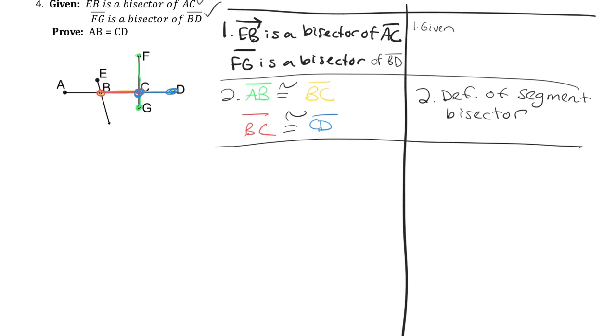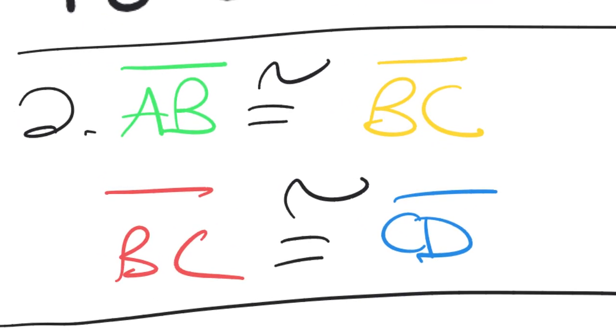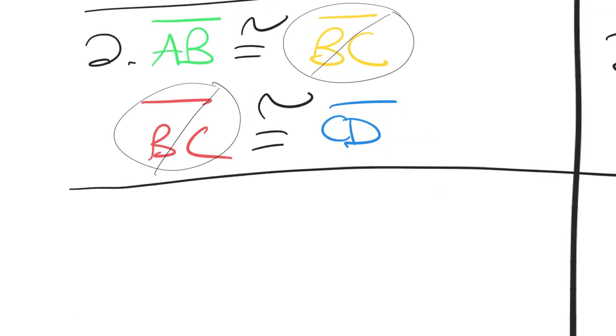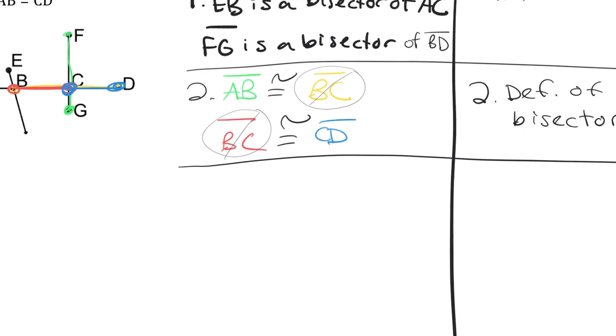Whenever you use up both of your clues, I'm always zooming in and saying, what do you notice? Well, what do you notice? You notice that BC is repeated. So we can use the transitive property again to put AB and CD congruent to each other.